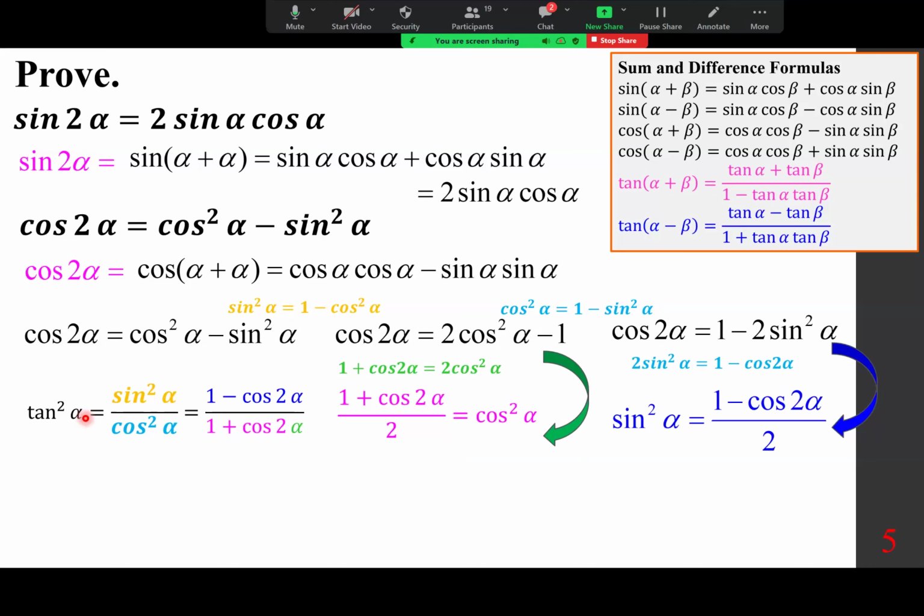Now over here, if I want to go with alpha over 2, this changes to alpha. In other words, let 2 alpha be x. So this is x over 2. So tan squared of alpha over 2 is 1 minus cosine alpha over 1 plus cosine alpha.